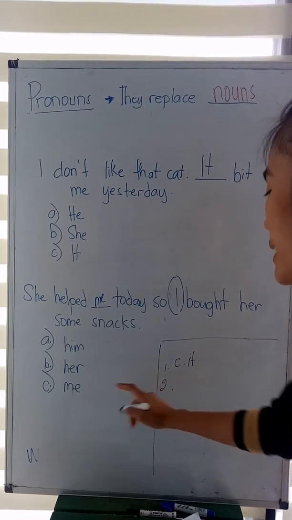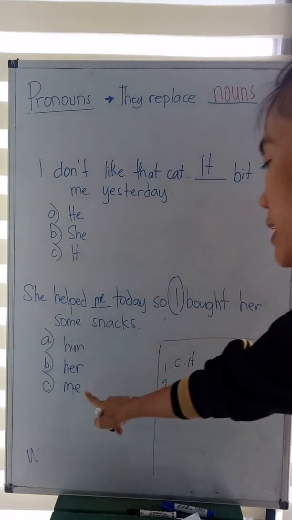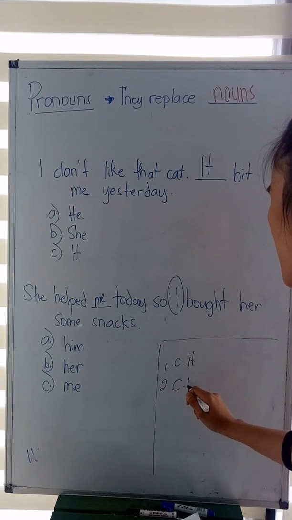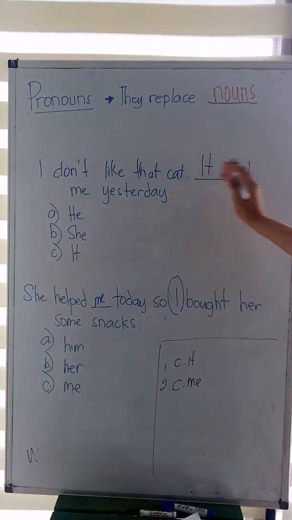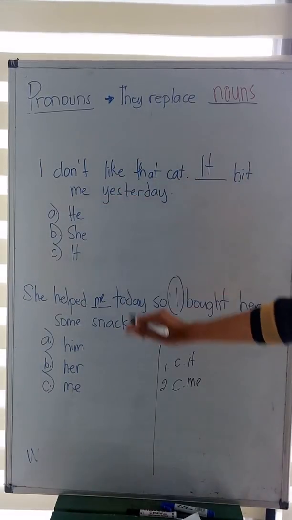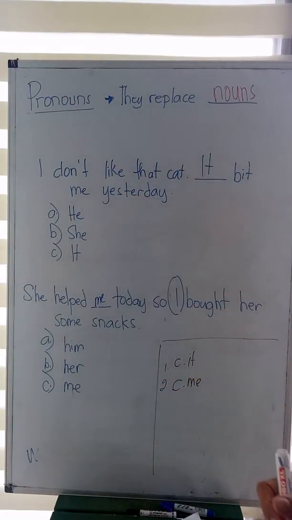Number 2, what's the answer here? Me. Again, letter C, me. So you can answer like this. You don't have to copy the sentences. You don't have to copy the choices. You just have to write the answers. All right. So it will be easy for you.